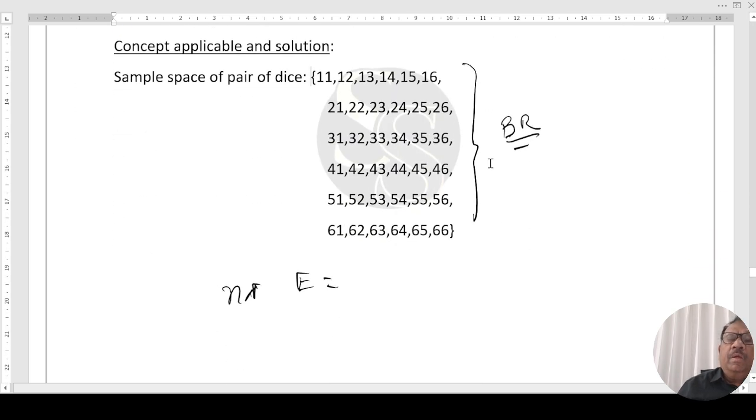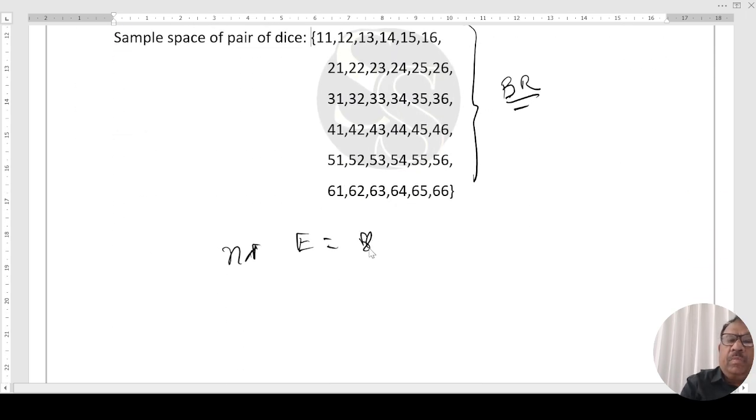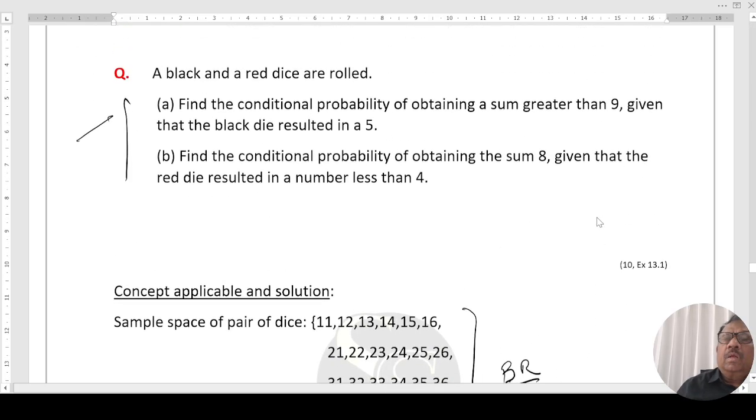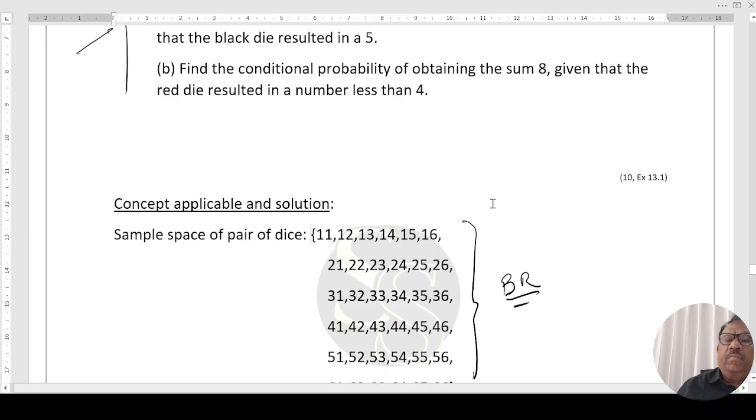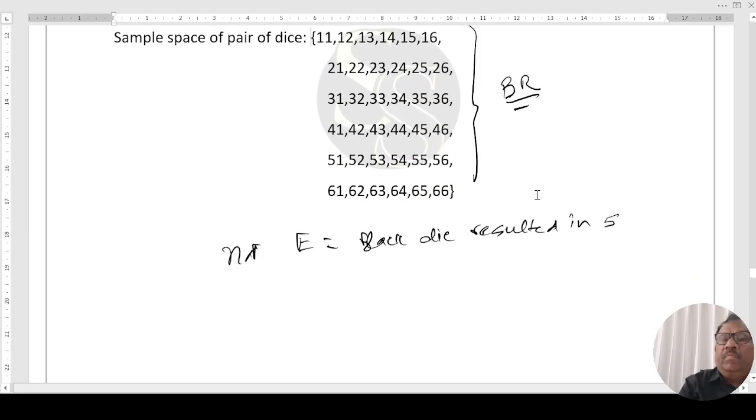Black die resulted in 5. तो फर्स्ट हमने ब्लैक लिया, तो दैट इज 5-1, 5-2, 5-3, 5-4, 5-5, 5-6, right?